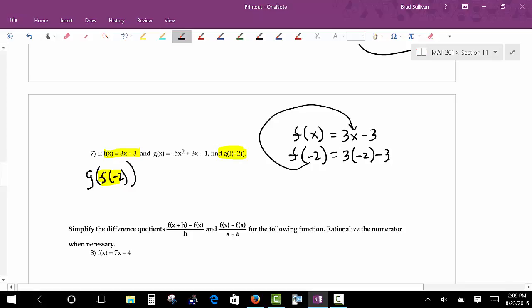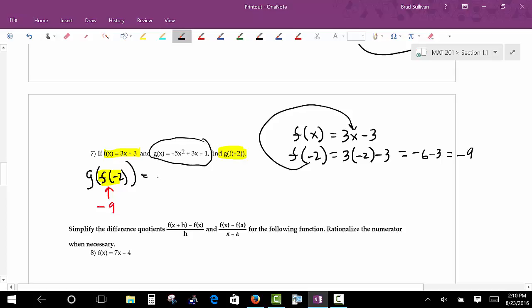So you work that out. That would be negative 6 minus 3, so that's negative 9. So we've got the answer to f of negative 2. Now you have to evaluate for g. So g is this function.